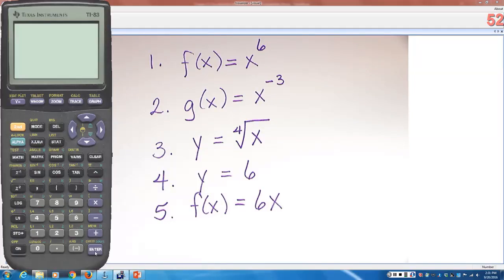I can show you a way that it does, but it really doesn't follow the power rule.